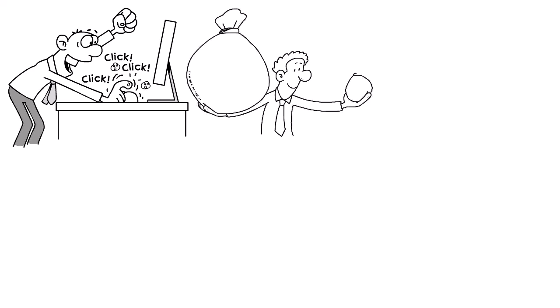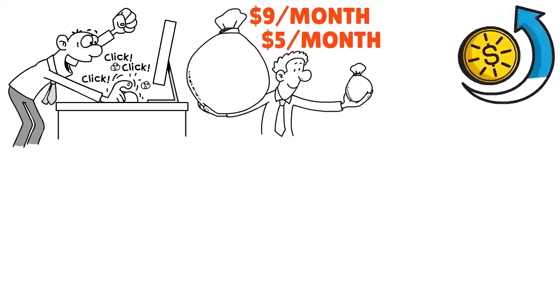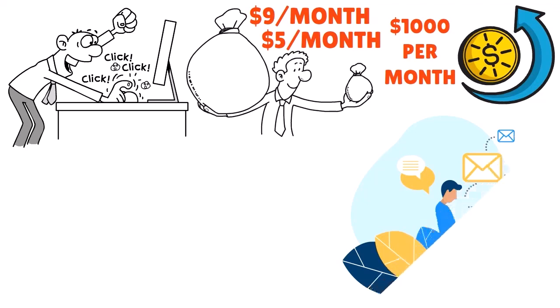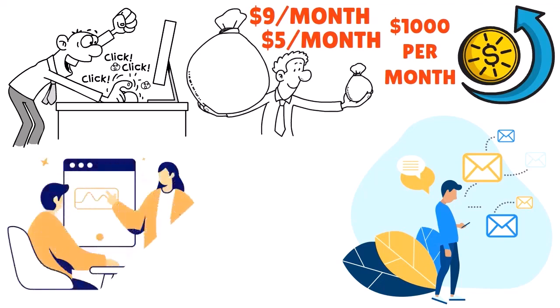You can have email marketing that will start you off at $9 per month, and if billed annually, you can start around $5. It can go all the way to $100 per month, and in some cases, it can go to $1,000 a month. Email marketing software providers can charge you by the number of contacts you have, the number of emails you're sending, the frequency. Okay, so you do have a smorgasbord of options that you can choose from.